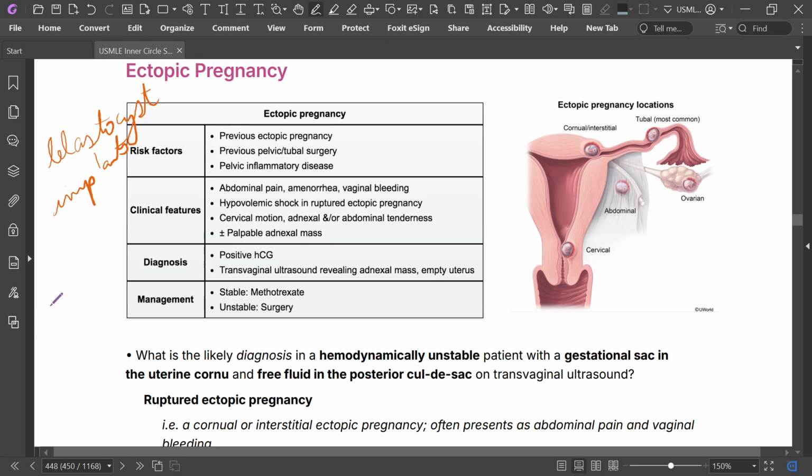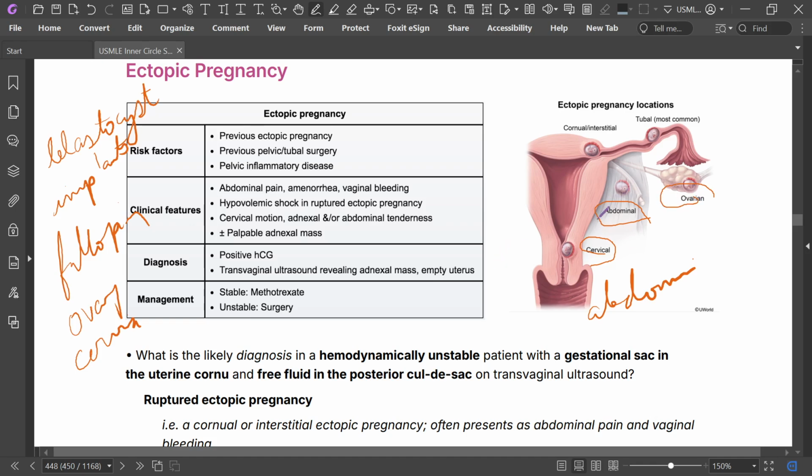The most common site is the fallopian tube, but it can occur in other locations, such as the ovary, the cervix, or the abdominal cavity.